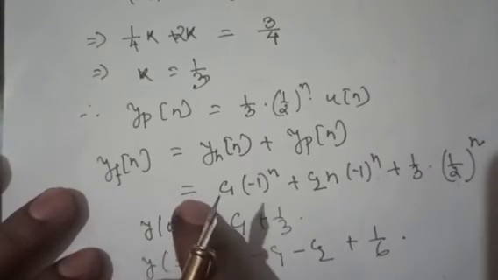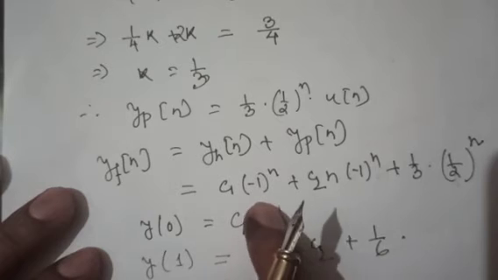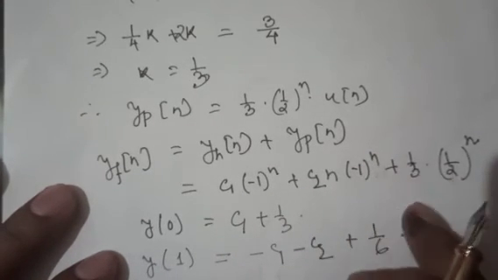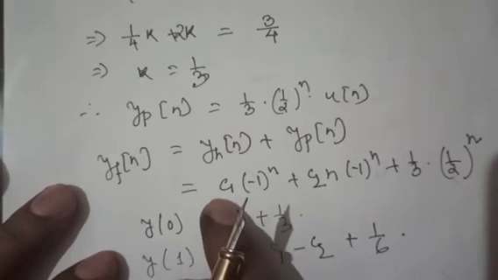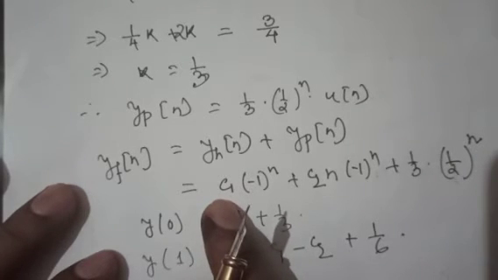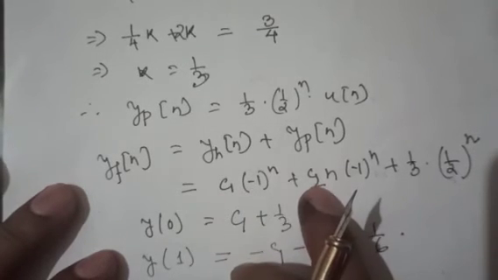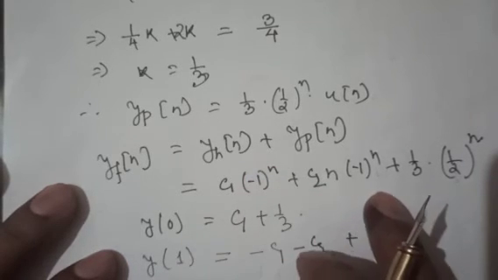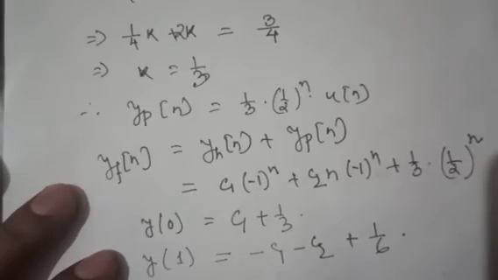This is the total force response: C1 minus 1 to the power n, then C2 minus 1 to the power n, 1 by 3 half to the power n. So we obtain C1 to be 2 by 3, C2 is 0, so 2 by 3 minus 1 to the power n, then 1 by 3 half to the power n.